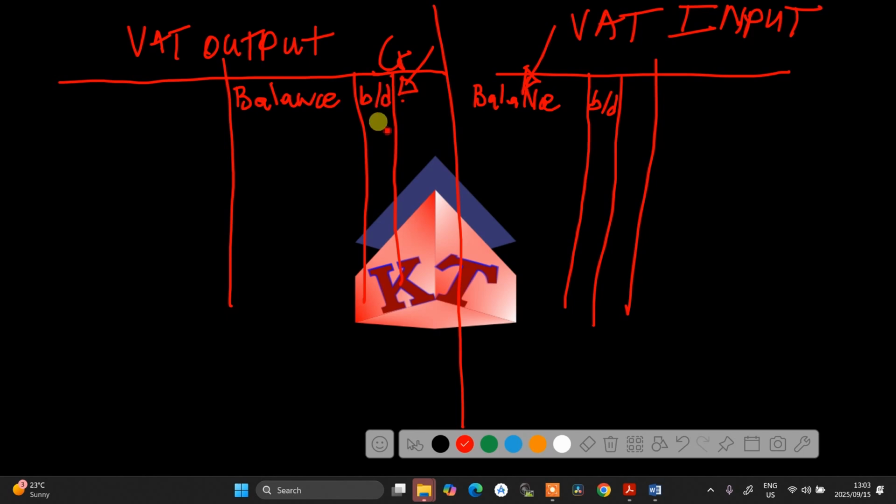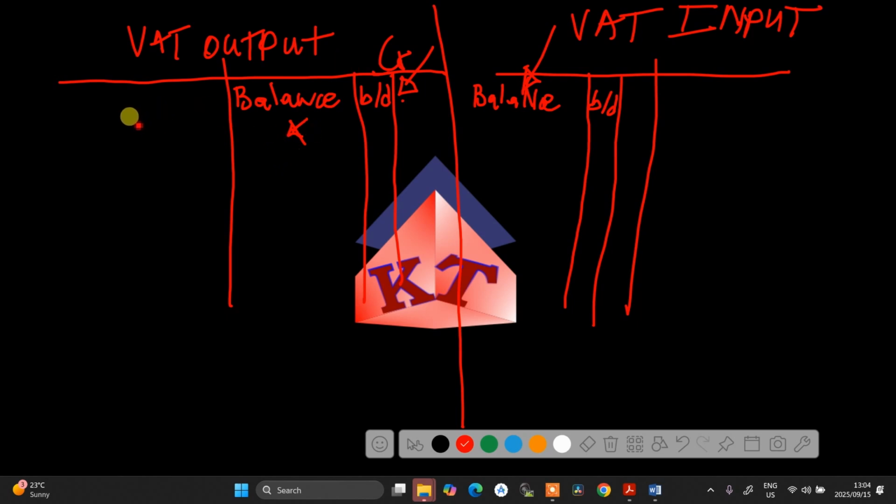Okay, so in this column here, this is where you're going to write the subsidiary journals where the information comes from. So here you're going to write the name of the account that is going to be debited in this transaction here. So whenever you credit a VAT output account, that means there is another account that needs to be debited.